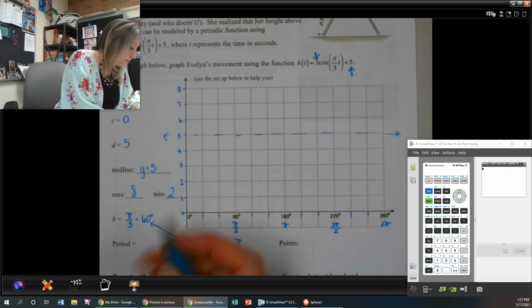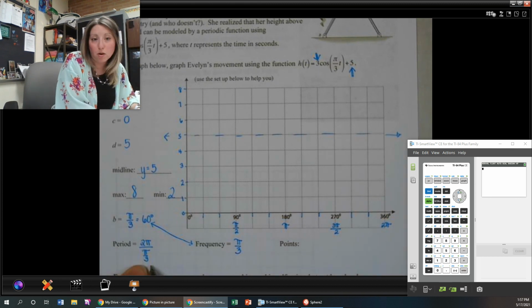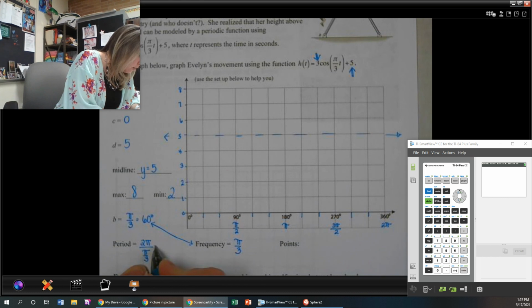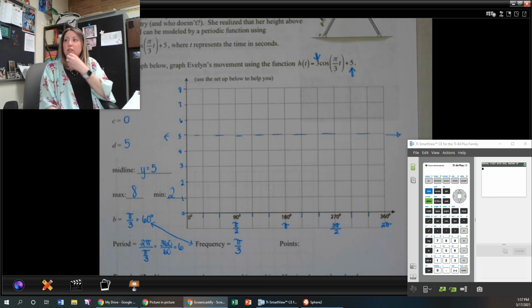So really, your period, if it's normally 2 pi over B, we could actually convert that into degrees, which would be 360 degrees divided by 60 degrees. Well, that's going to be 6. So let's think about that. If my period is 6, so my period is 6.